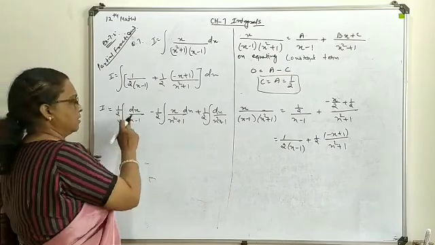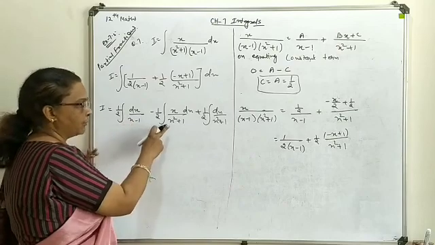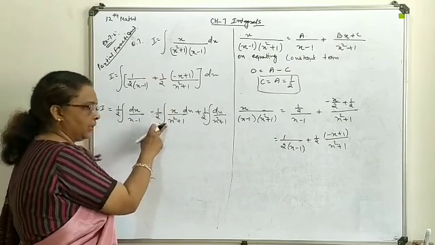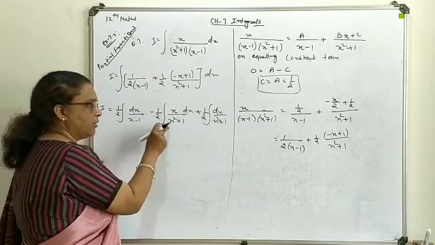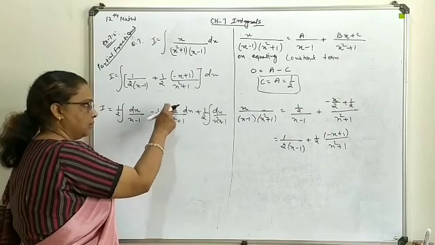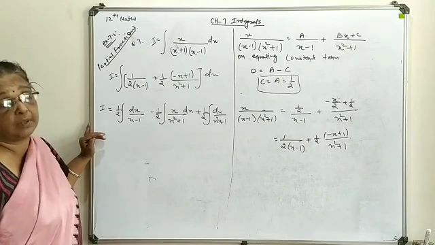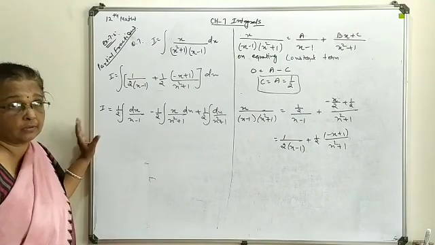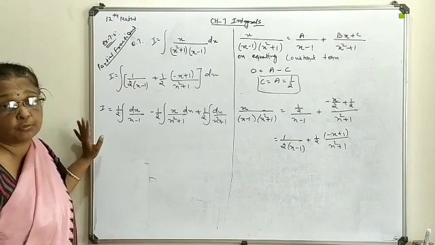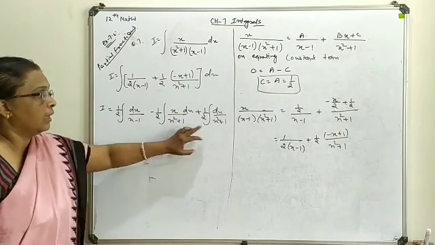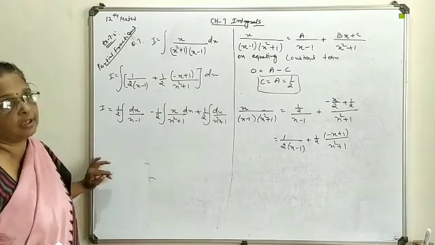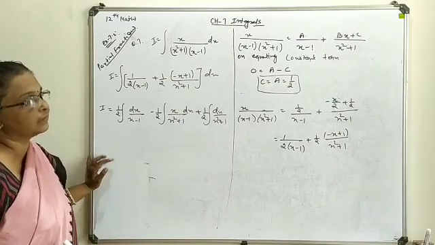For this term direct integration is possible, whereas this term is not possible. Differentiation of x square plus 1 is available here as x, but differentiation of x square plus 1 we need as 2x. So here one more 2 is to be introduced from our side. Integration of 1 upon x square plus 1 is also possible as tan inverse x.